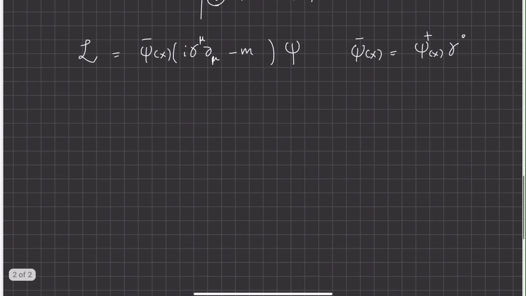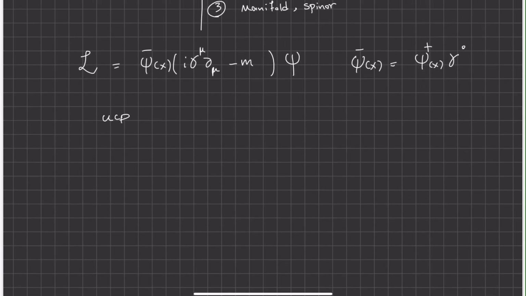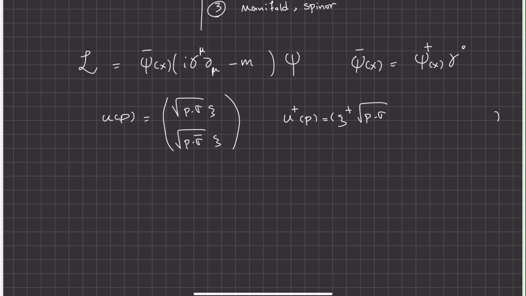So let's see. We had u of p, which we defined in the last session, equal to the square root of p dot sigma, the square root of p dot sigma bar acting on psi. Then I can construct u dagger of p, which is psi dagger square root of p dot sigma and psi dagger square root of p dot sigma bar.